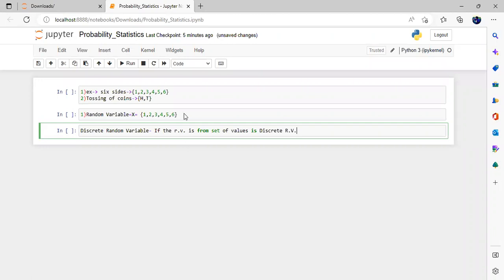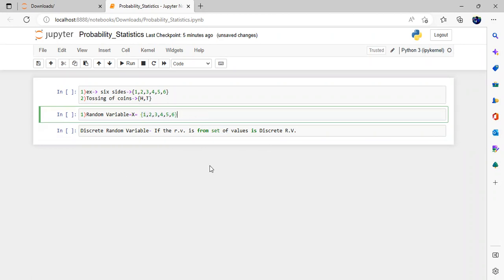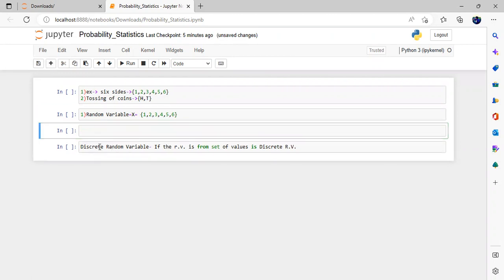If the output or the variable is from this set, you can say it is a discrete random variable, because it can be anything from this set.